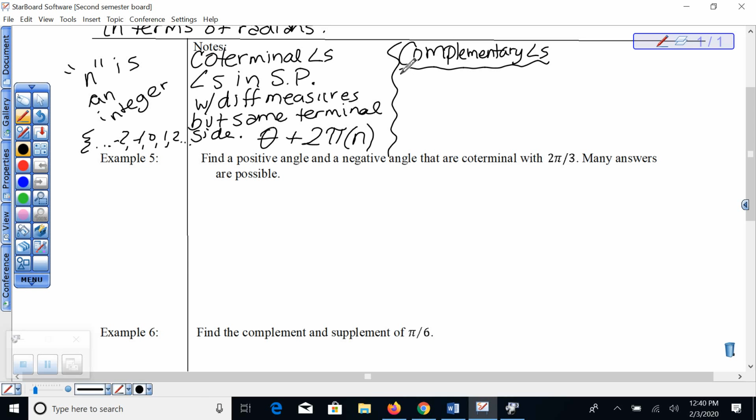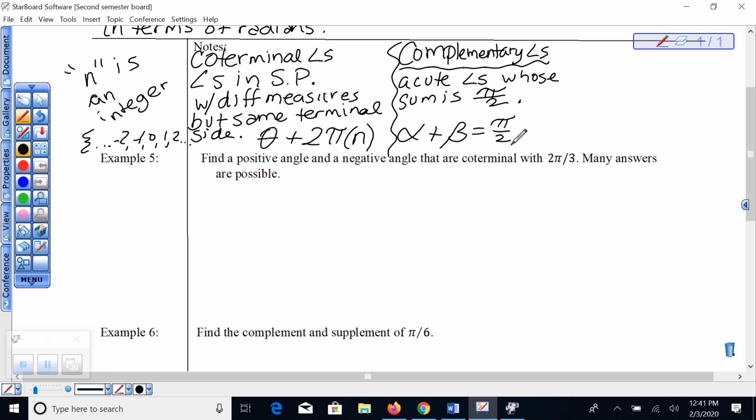So we're going to say acute angles whose sum is, instead of 90 degrees, we've got to talk in terms of radians. That would be pi over 2. So acute angles whose sum is pi over 2. So for example, angle alpha plus angle beta is pi over 2.